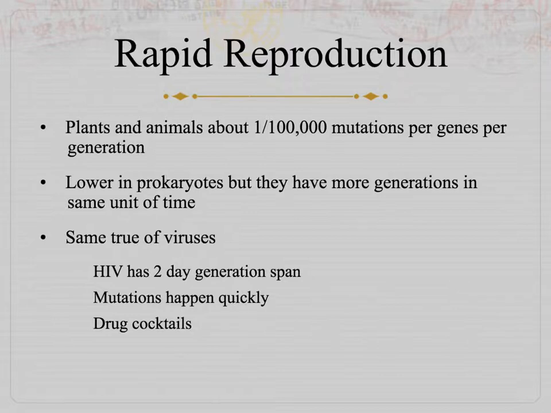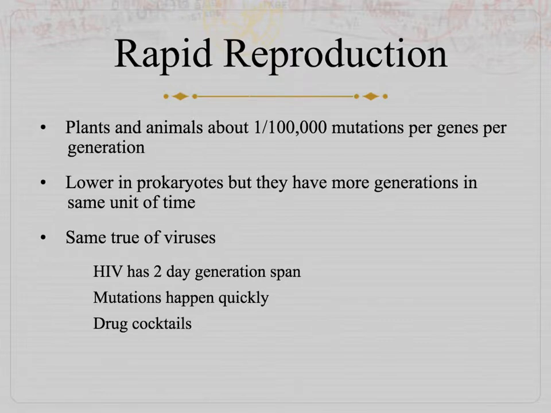The example I have for you here is, again, with HIV, and that has a 2-day generation span, which means it's only around for 2 days, and then the next generation is up again. So because of this, mutations are going to happen really quickly. Contrast that with us, who take a minimum of 40 weeks to have another generation.